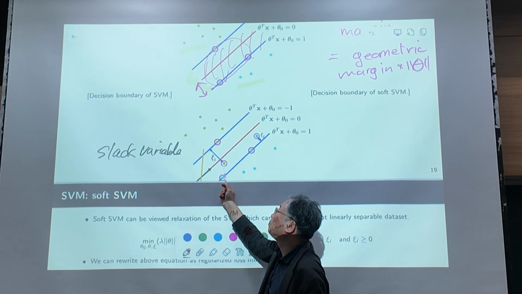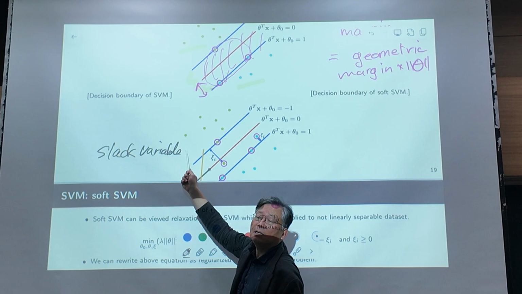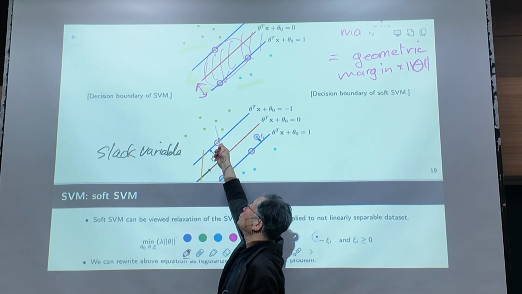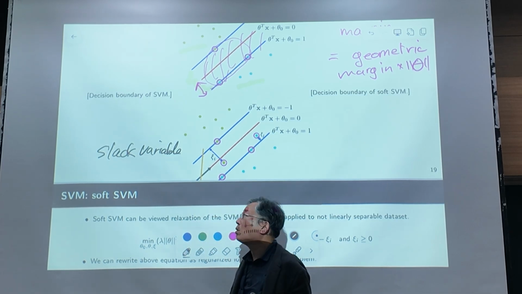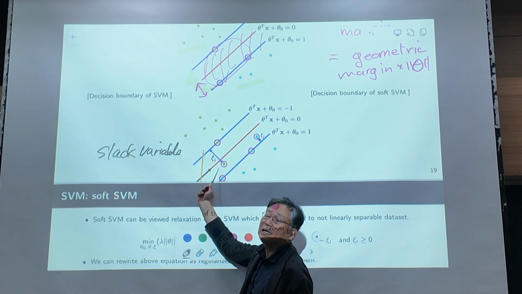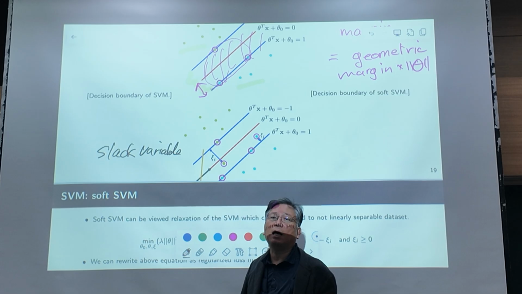Okay? Data on the correct side will have psi equal to 0. So all the psi i's for these will be 0. Only if you're violating, if you're in that region, you get a positive psi i.